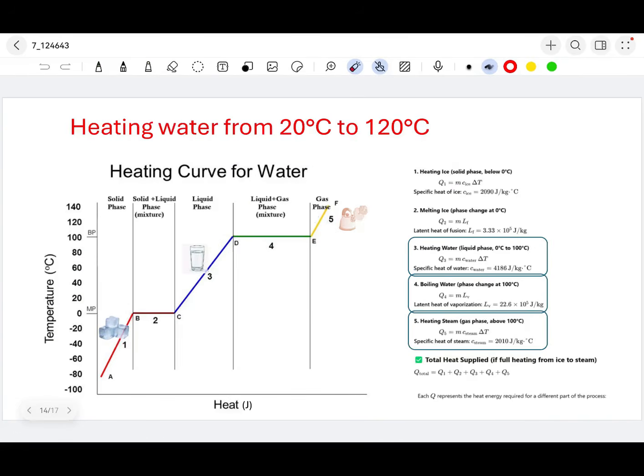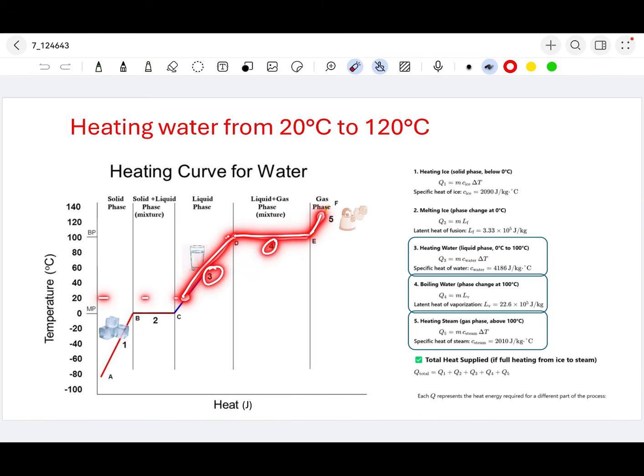Next, some more examples. Suppose we have water at 20 degrees and we have to take it to 120 degrees. So how many steps? 1, 2, 3. 3 steps.